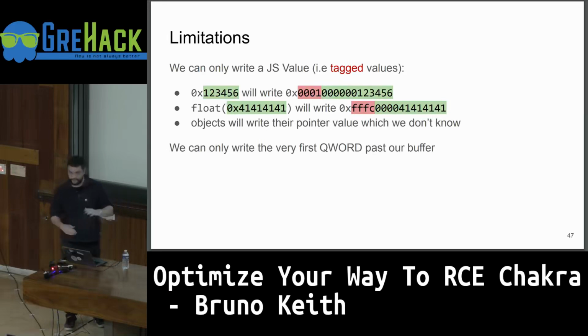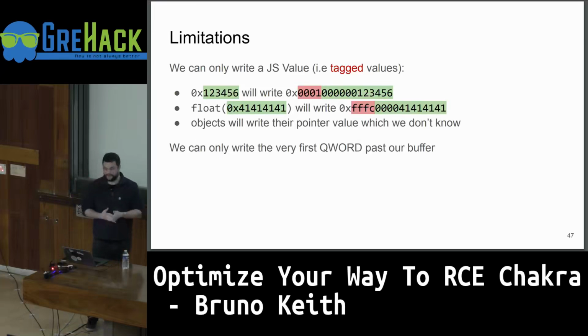If we take the float 0x41414141, we can see that there's this tag 0xFFFC. And objects are simply represented as a pointer, so if we assign an object, we'll basically be writing its pointer value, which we don't know because of ASLR. Also, we can only write the very first quad word past our buffer. There's no way around that. We cannot write two or three quad words further, only the very first one.